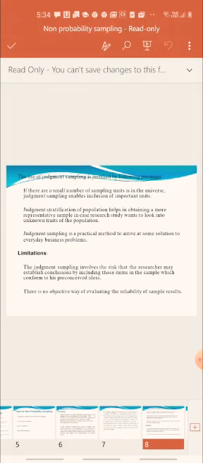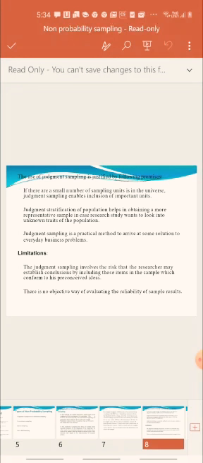The use of judgment sampling is justified by the following premises. If there is a small number in the sample, it would be better to use judgment. But if it is a large number, the bias from the researcher may be very high, so this is not a good method in that case.